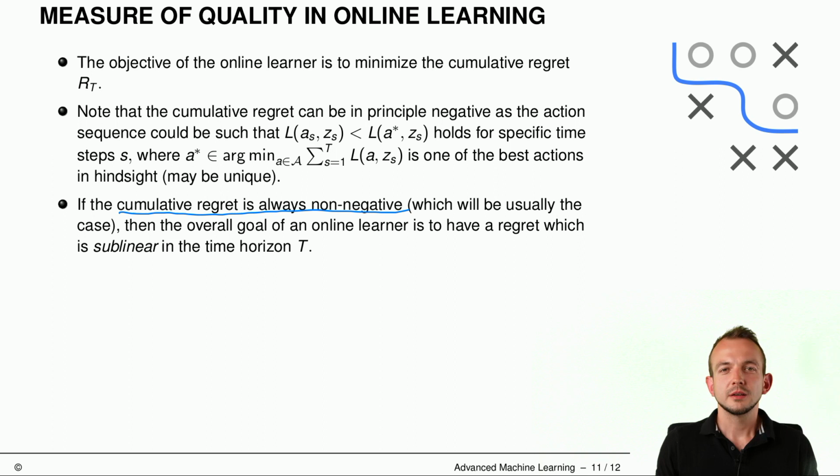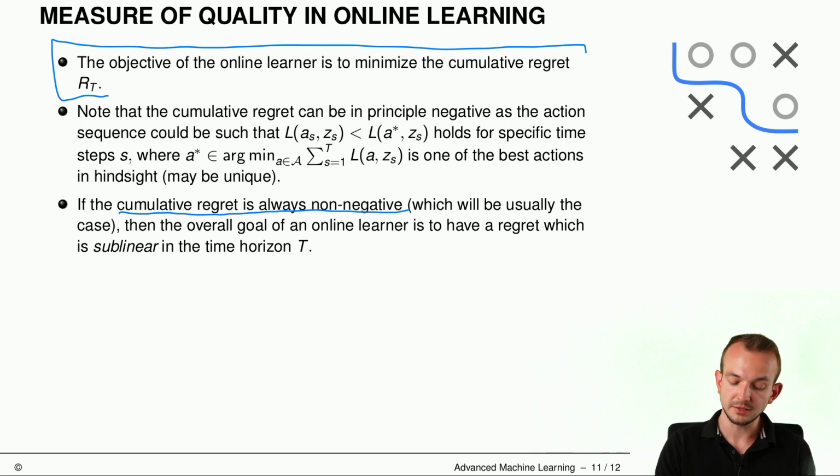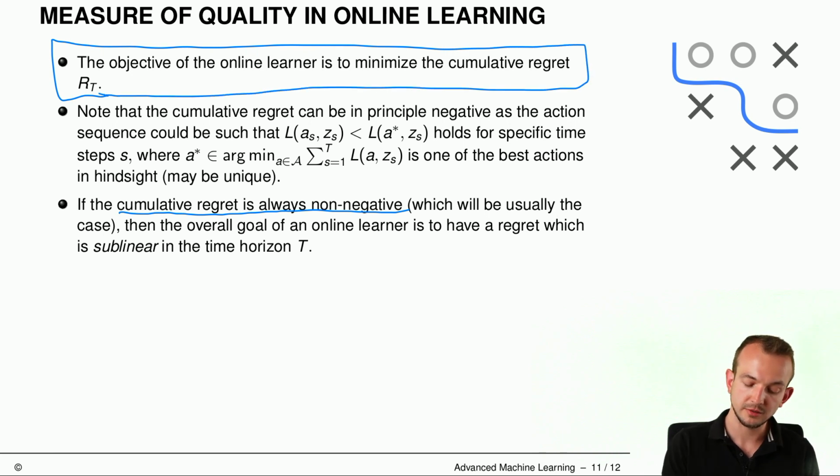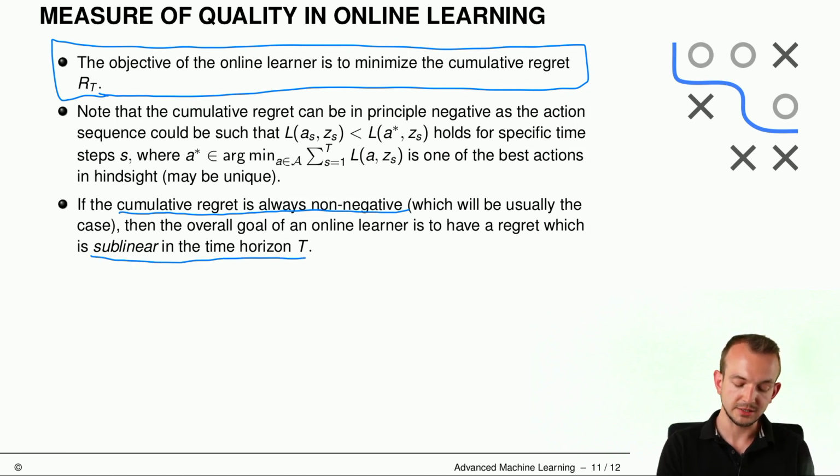And then if the cumulative regret is non-negative, the objective that we want to minimize the cumulative regret with our online learning algorithm boils down to the regret being sublinear with respect to the time horizon T.